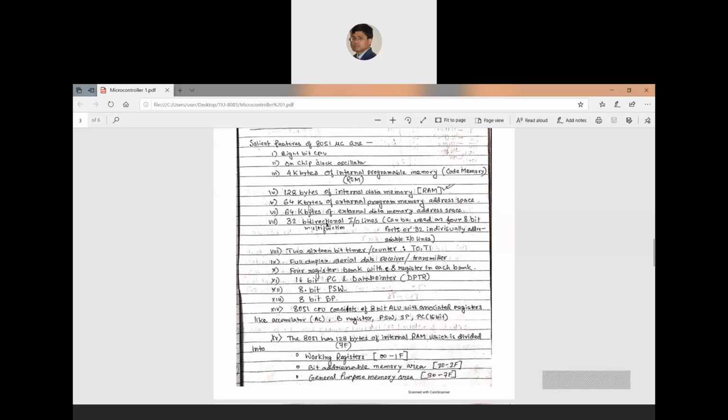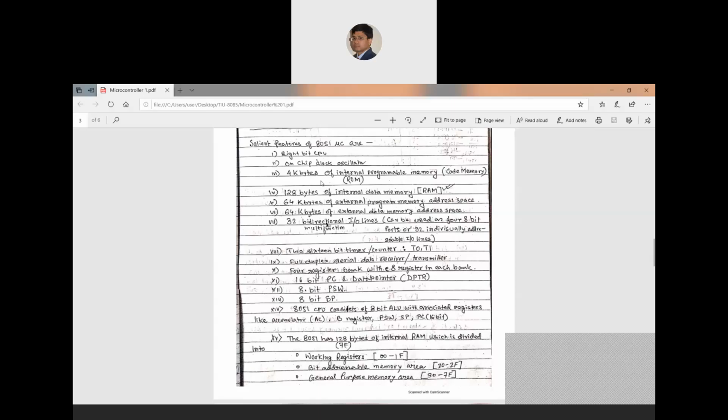Why is this limitation there? The limitation is there because the length of address that an 8051 microcontroller can handle is 16 bit, and the data that this microcontroller supports is 8 bit.